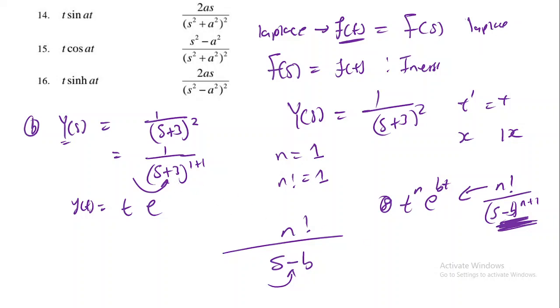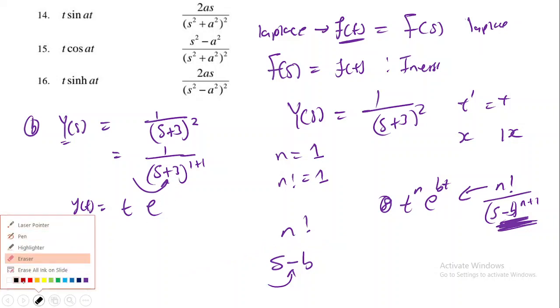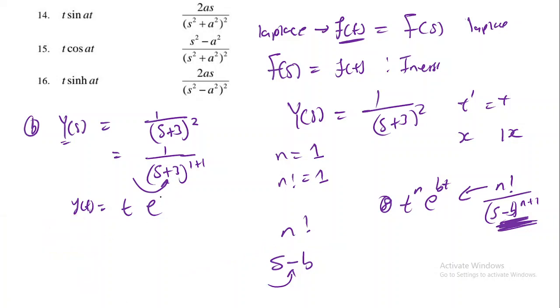This basically means we had minus 3, so s minus into negative 3 gives us s plus 3. So our exponent here for e is going to be minus 3t. Hope it makes sense, okay? Minus 3t. This is how we are actually supposed to solve it.